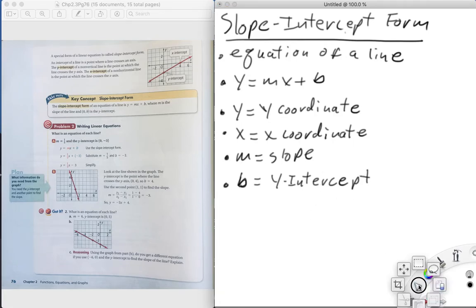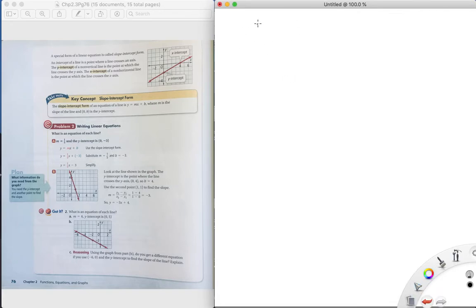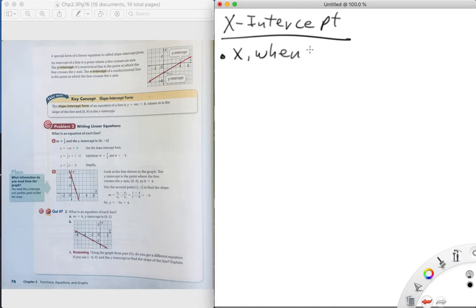Okay, what is the y-intercept and x-intercept? All right, let's start with the x-intercept first. The x-intercept is x when y is 0.